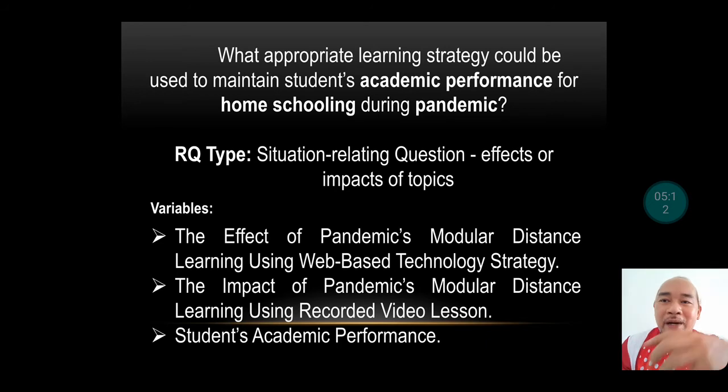So, when we make a title, we always look into the IV and the DV in your title. But again, the elements that we mentioned, the TQMPL elements of the title, should be there.